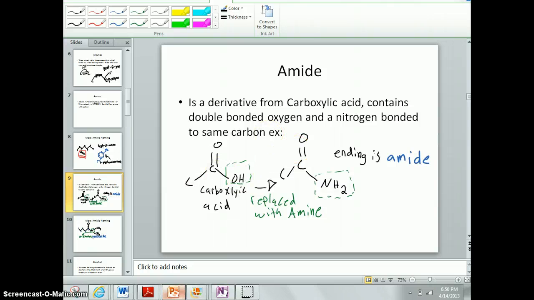And you can see the only difference here is that it's being replaced with our nitrogen group right here, our NH2. So it changes from carboxylic acid to amide. And simply, the ending, when we're going to look to name these, is just going to be simply amide. So let's go on to our next slide, take a look.